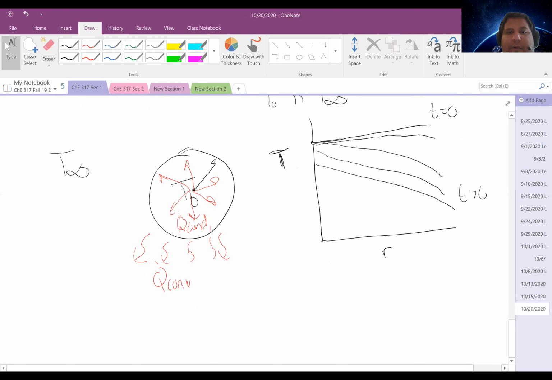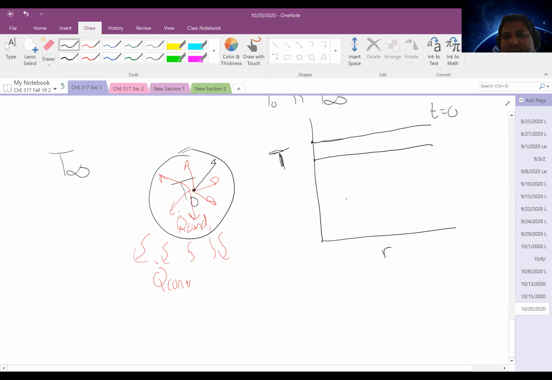However, what we find is for systems where the limiting factor is convection, instead of having a temperature profile that's a function of position, we can approximate the temperature profile as a single value.